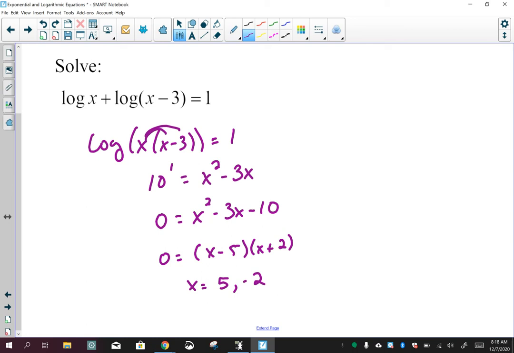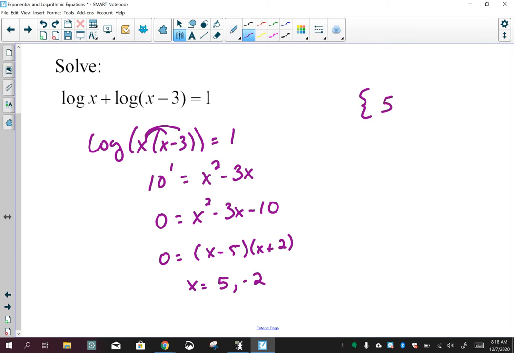So what I need to do is take these and plug them back into the original equation. And if either one of these goes negative, I can't use that solution. So when I take that 5 and plug it into here, I have a positive x, and plugging it into here, 5 minus 3 is 2, so the 5 works. So far, one of my solutions will be 5.